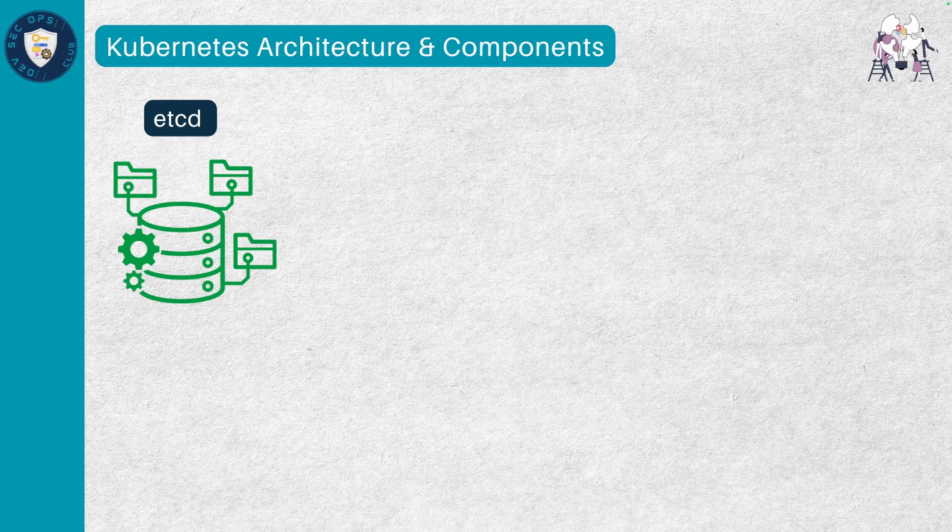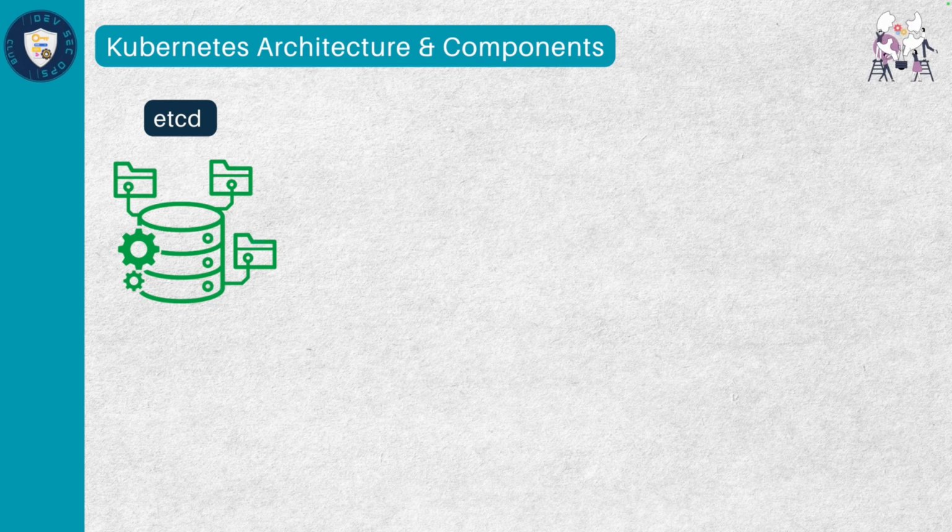So this is the database which stores the state. We will see what desired state means, but for example, objects like pod, the pod specification, the number of replicas you want, what kind of deployments you need, secrets, everything is stored here. If there is no etcd, there is no cluster at all.